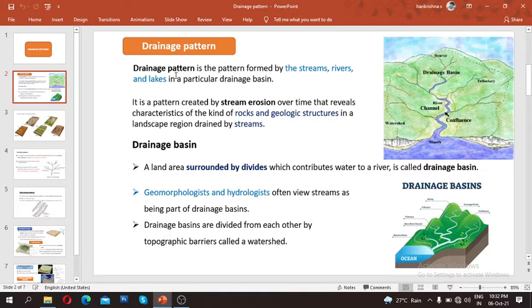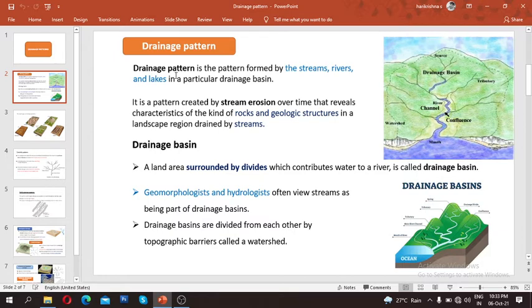When stream erosion takes place over a particular time period, the rock, especially the geologic structures or landscapes, will be drained by the streams in a distinguishable manner. Finally, through this draining of the landscapes or rocks, gradually there will be a pattern which results in the flow of water. This process will give rise to various drainage patterns.